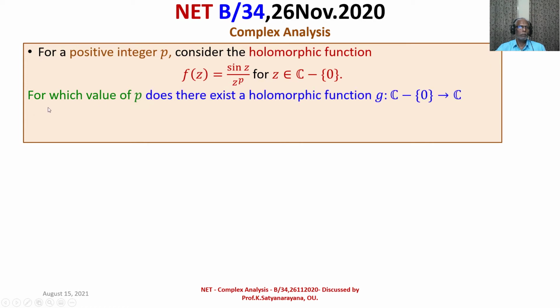The question is, for which value of p does there exist a holomorphic function g mapping from non-zero complex numbers to the set of complex numbers such that f of z is equal to the derivative of g of z, that is g prime z, for all non-zero complex numbers z.